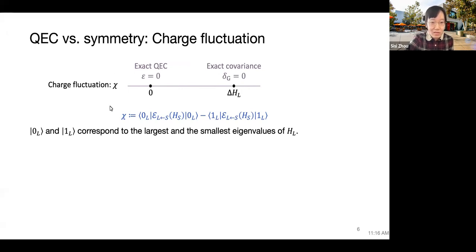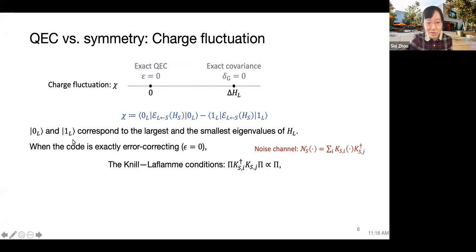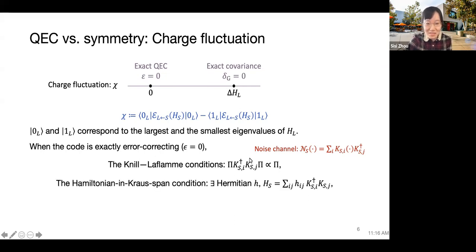To be specific, when the code is exactly error correcting, the noise channel needs to satisfy the Knill-Laflamme conditions. Here pi means the projection onto the code space, and I'm assuming the encoding is isometric. Besides the Knill-Laflamme condition, we also need another condition, the Hamiltonian-in-Kraus-span condition.